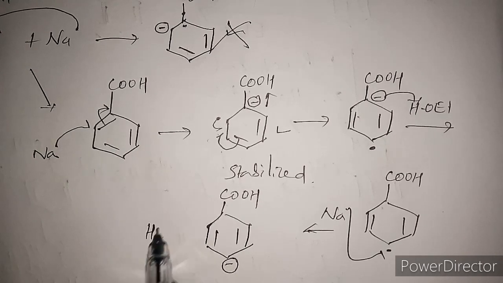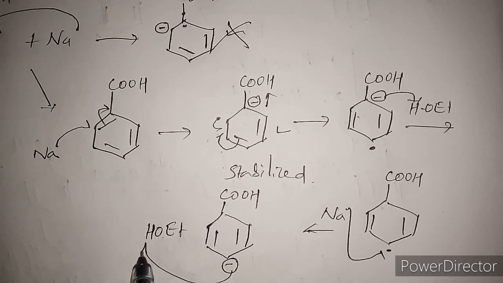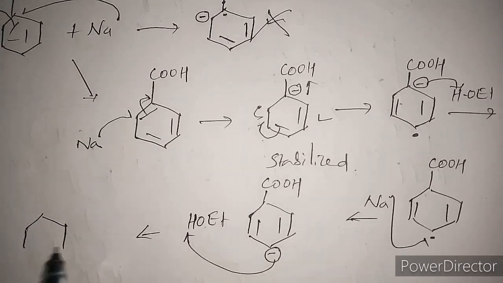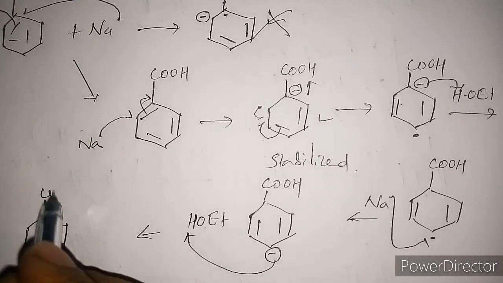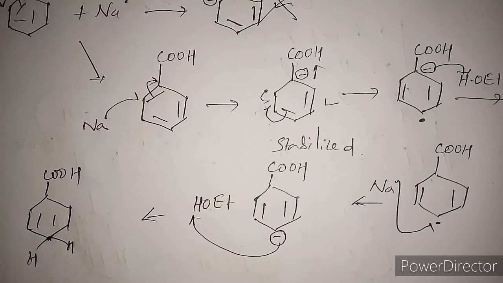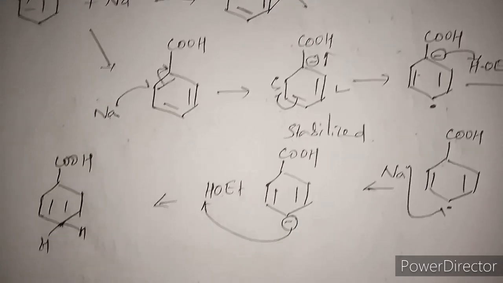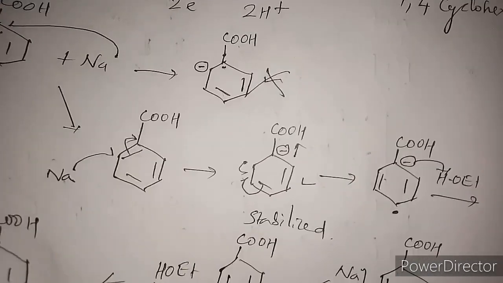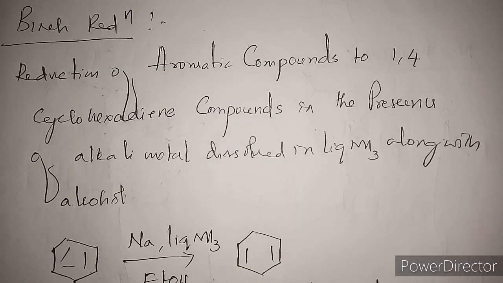Now the negative charge will abstract a proton from the ethanol. So finally we will get COOH, and here there is H. So this is with respect to the electron withdrawing group. Now we need to see with respect to the electron donating group.